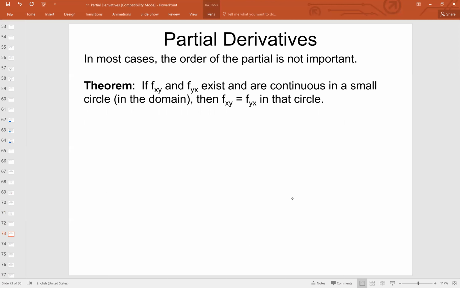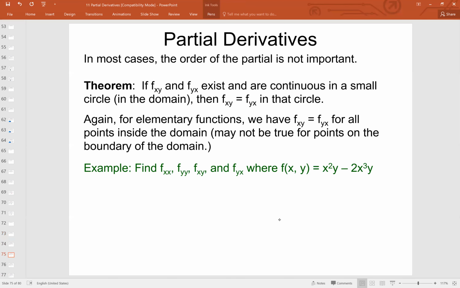This holds provided that around the point P, the partial derivatives exist in a small neighborhood everywhere, and the partial derivatives are continuous. If that condition is satisfied in a small patch around the point P, then at a point inside that small patch you can switch the order and they will be equal.